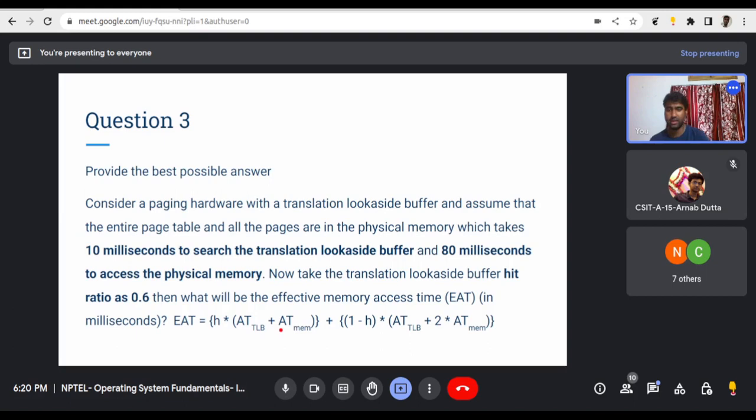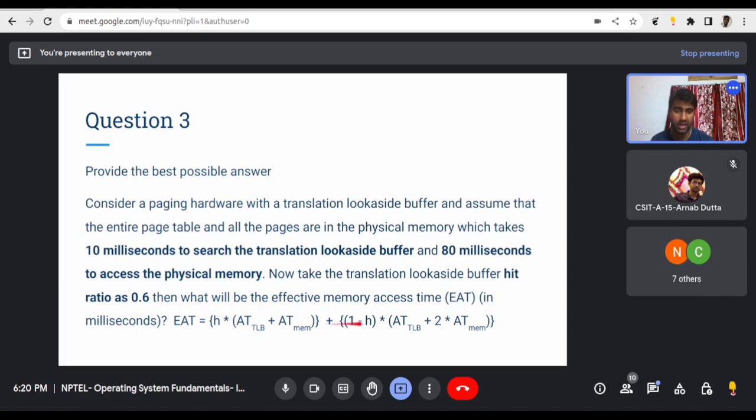Okay. So AT-mem means the effective access time of the main memory. And this is for when there is a hit of the translation look-aside buffer. If it is a hit, then we require the access time of the translation look-aside buffer, and then we can take out the frame from the main memory.